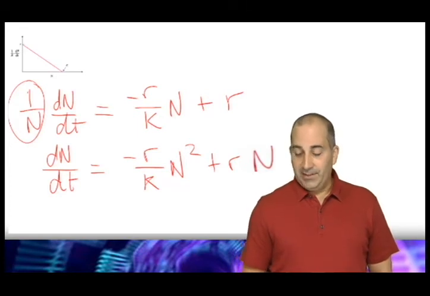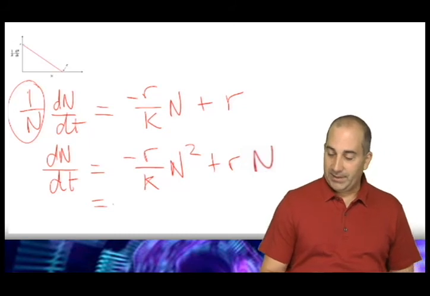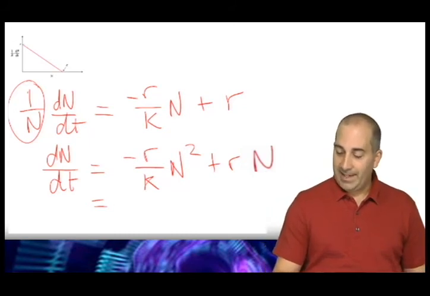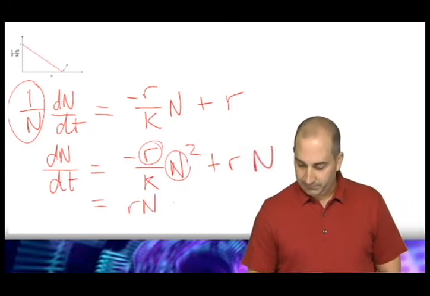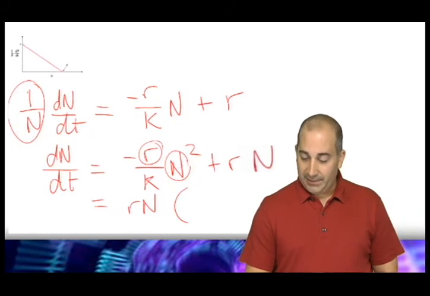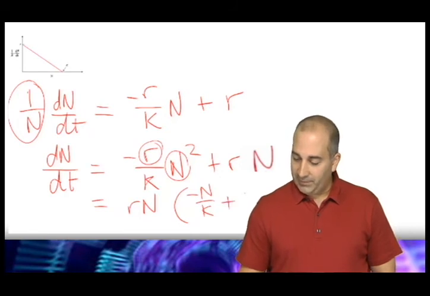Now, you could see right away we can factor some stuff out, and of course that's what the makers of your textbook did. So they factored out both r and n from this side. And so you end up getting rn, and if you factor that out here, it's minus n over k. And if you factor out rn from the next term, it's just 1.